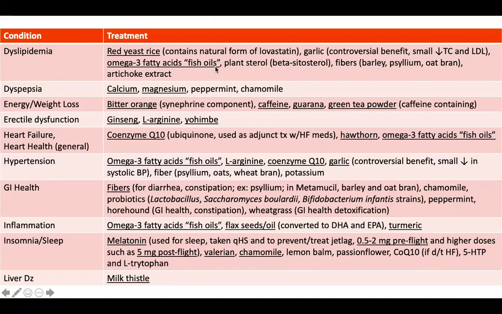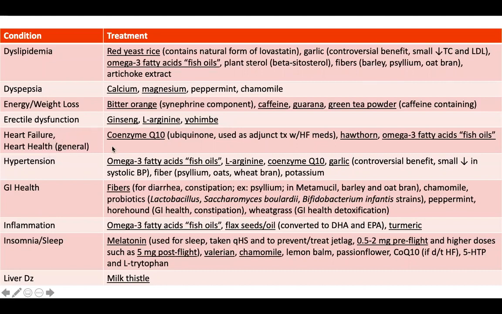Anyway, and then omega-3s. Dyspepsia would be calcium and magnesium. Energy and weight loss, bitter orange, although we have that synephrine component, could cause those cardiac toxicities. Caffeine, guarana, green tea powder. Erectile dysfunction, ginseng, L-arginine, yohimbe, I think that's how you say it.